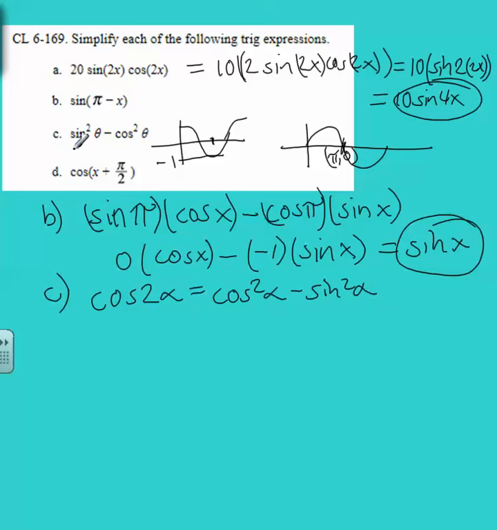Perhaps I can take what we've got here and factor out a negative. So it's negative, negative sine squared theta plus cosine squared theta. Now, if we switch the order here, does this match?